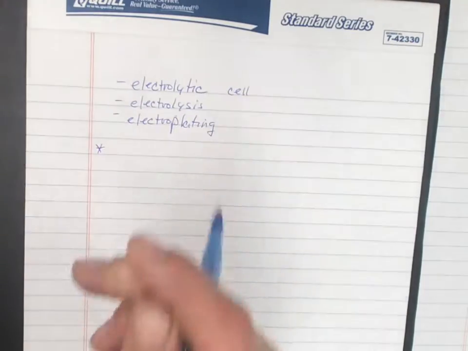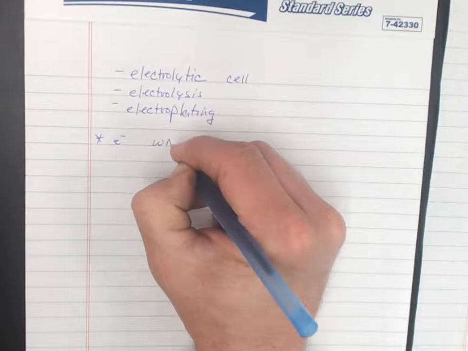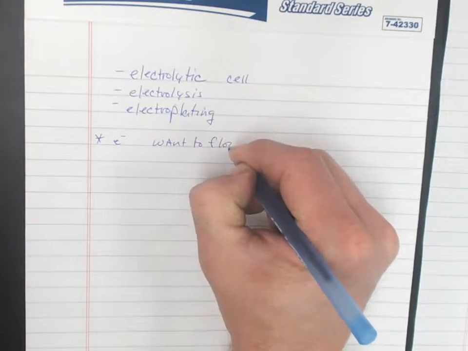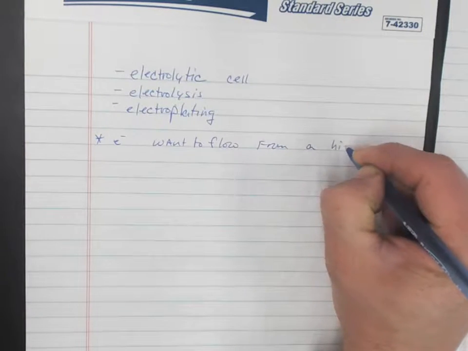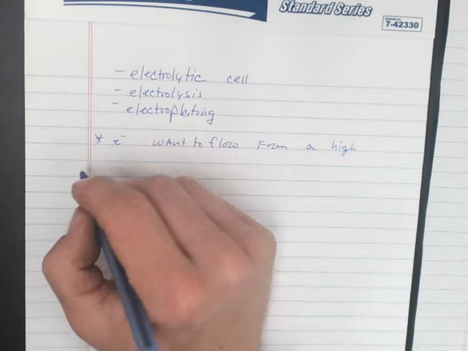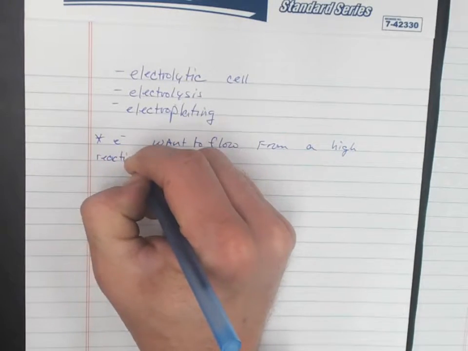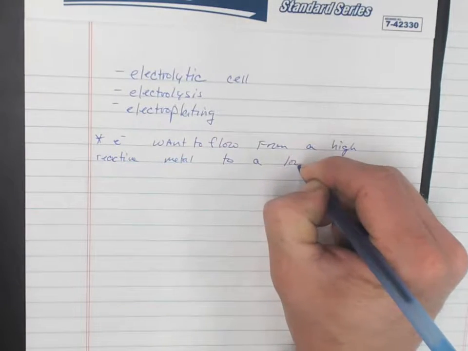We know from our discussion of a voltaic cell, electrons want to flow from a high reactive metal to a low reactive metal.